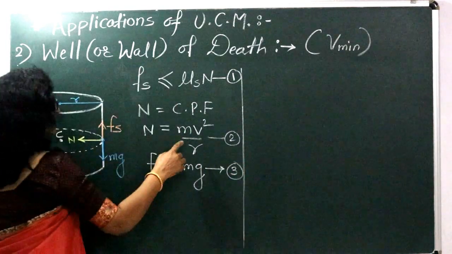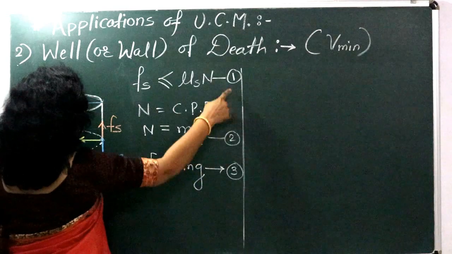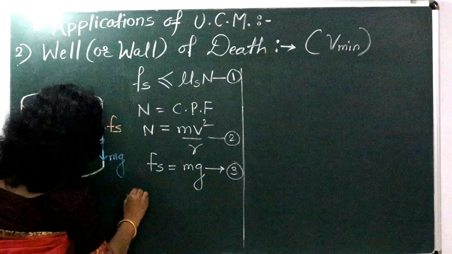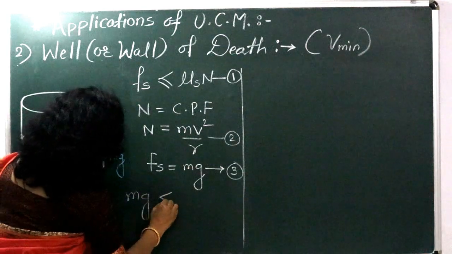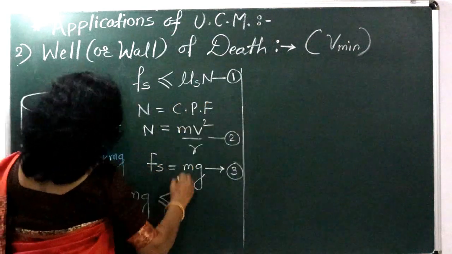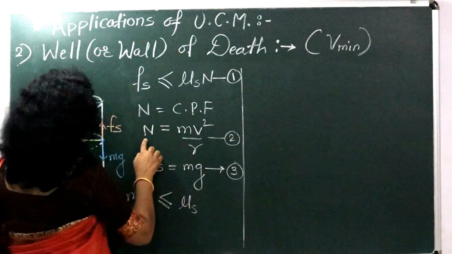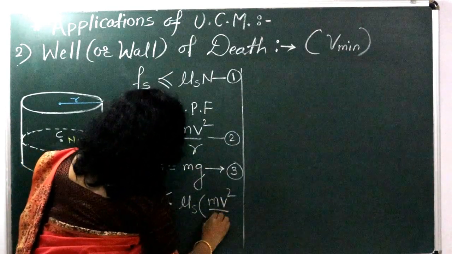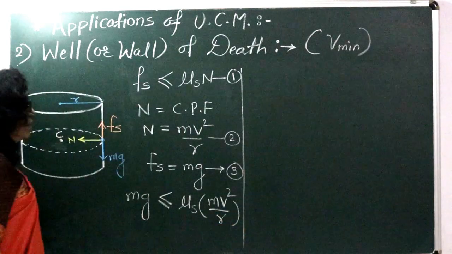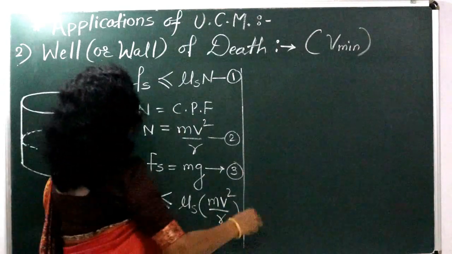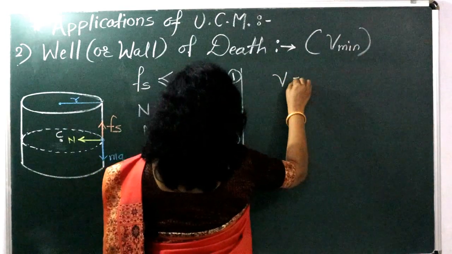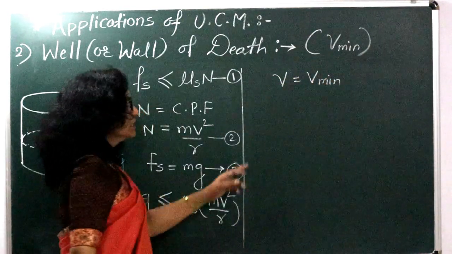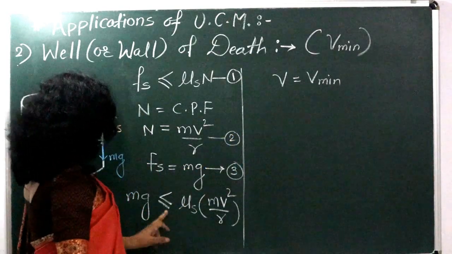Using equation 2 and equation 3, equation 1 becomes: the force of static friction, that is mg, is less than or equal to mu s as it is, and the normal reaction, that is m v square upon r. Now substitute the condition for minimum, that is v equals v minimum, the minimum speed, in this relation.